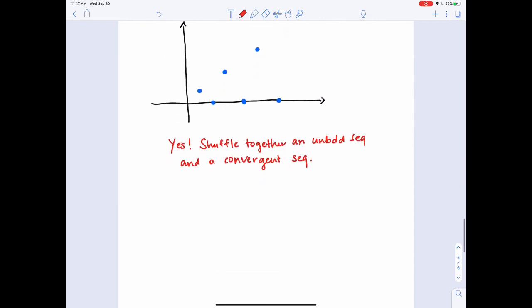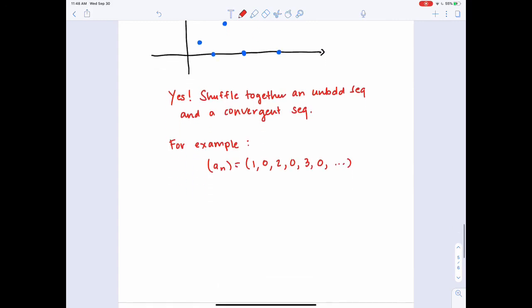So, for example, I could use a_n to be the sequence 1, 0, 2, 0, 3, 0, etc. And in this way, a_{2n} equals the constant sequence 0. So that converges to 0.